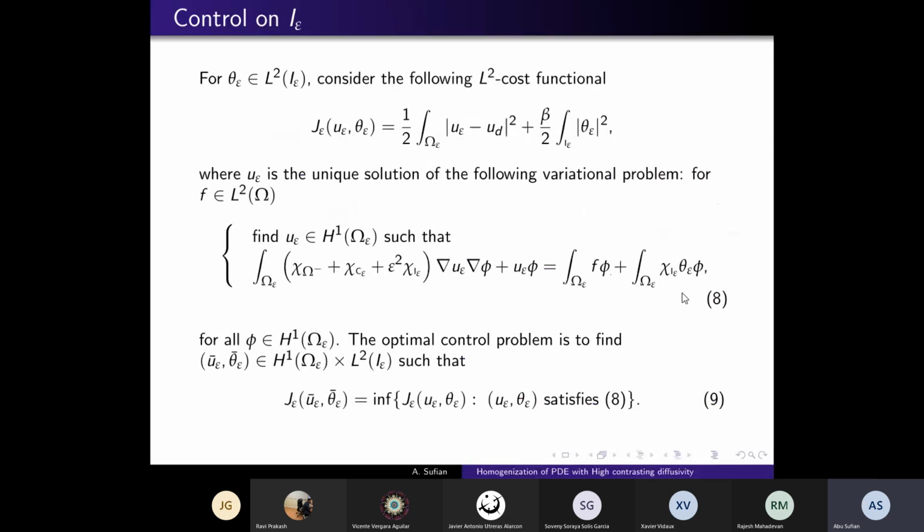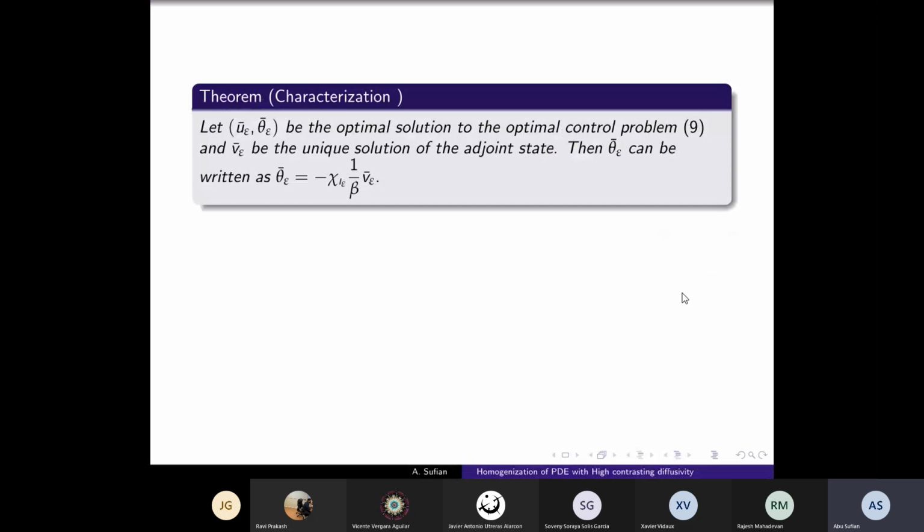For this control problem, we have this characterization: if you have (u epsilon bar, theta epsilon bar) as the optimal solution, then your optimal control theta epsilon bar is characterized by theta epsilon bar equal to minus chi I epsilon times 1 by beta v epsilon bar.